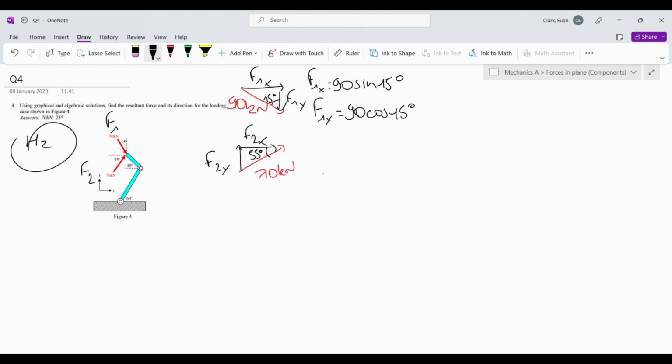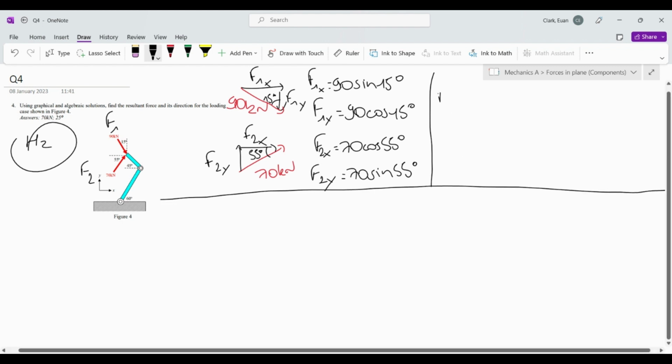Fantastic. Now F2x, that's the adjacent to the angle, so it's going to be cosine. So that's 70 cosine 55 degrees. And F2y is going to be 70 sine 55 degrees. Perfect. Now let's try and find Fx and Fy.